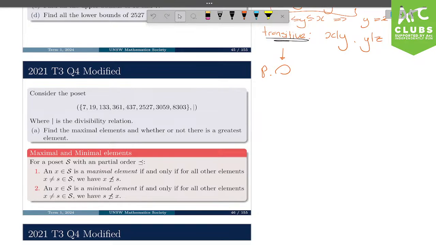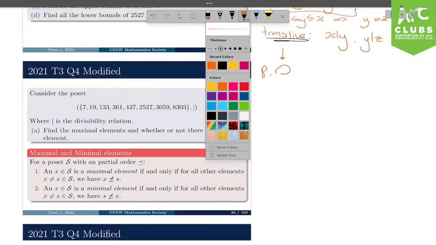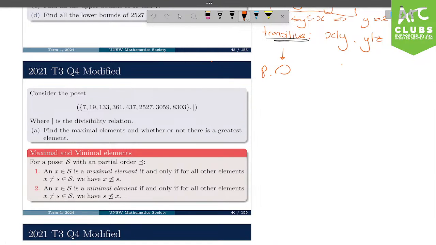What would help us with this is if we draw a Hasse diagram. Do people know what that is, or should I explain it?